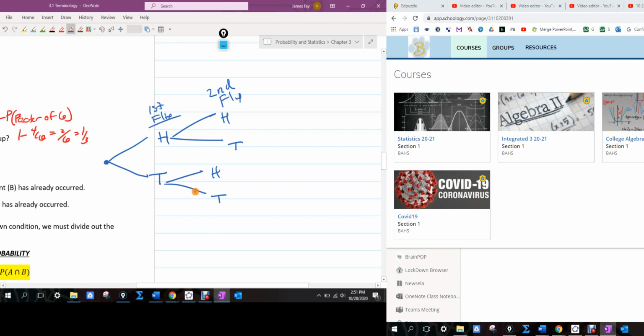Now here's how this works and how we develop our sample space. You follow these branches to the end, from this point all the way till it dead ends, and you record the results that you pass through. So one of my results when I flip two coins could have been heads and heads, right?